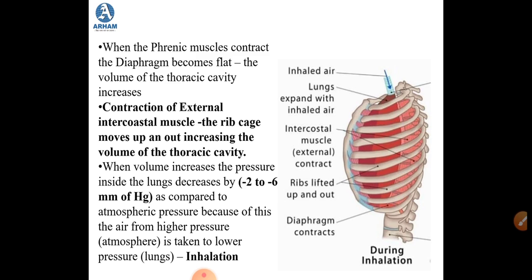As volume increases, pressure decreases, so the pressure inside the lungs is decreasing by -2 to -6 mm of mercury. Because of this, the air from the higher pressure, the atmosphere, is taken to the lower pressure, the lungs. This process is known as inhalation.